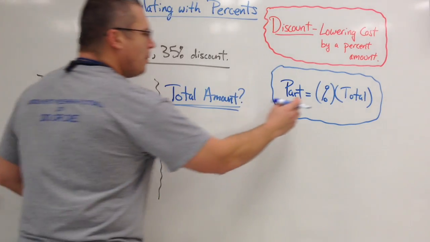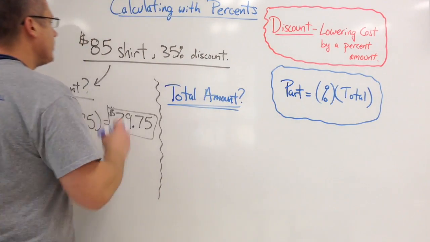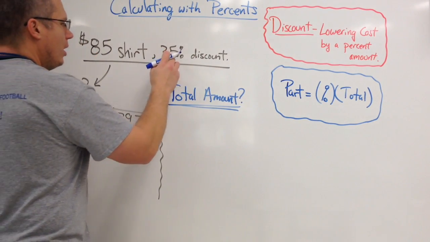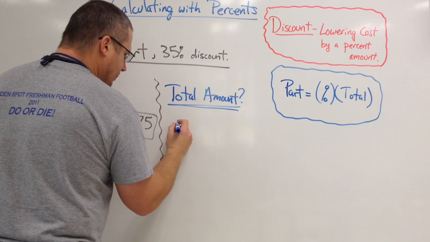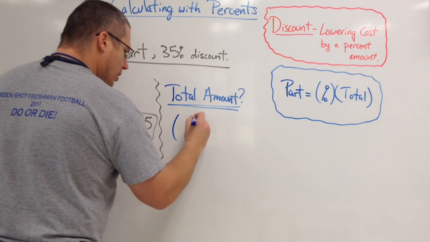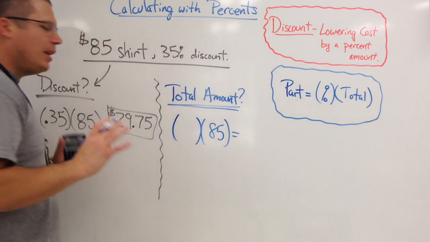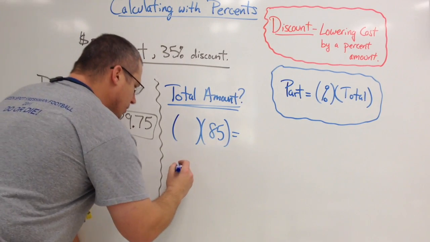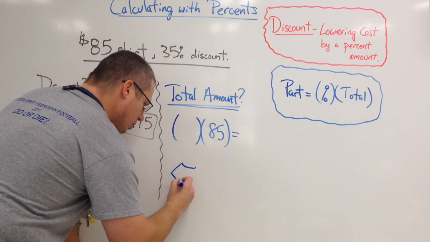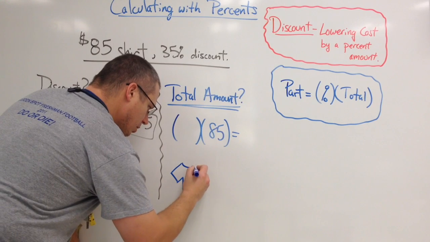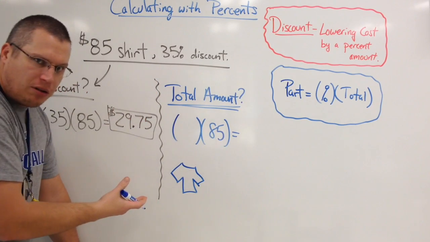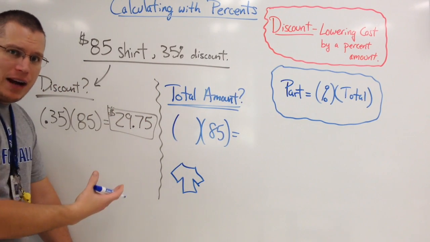I still can use my percent and my total. The cost is 85, so I'm going to put in my 85 here. Now I want you to think about this. Here's your shirt that's $85.